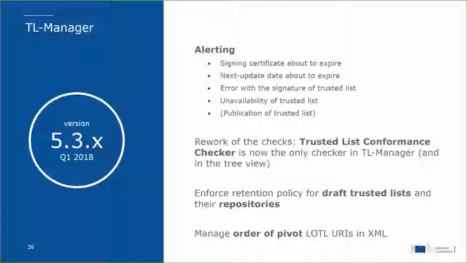Alerting features in the sense that now we are monitoring all trusted lists and checking for different criteria, like for instance the expiration of the certificates or dates, like the next update date, and we are sending emails on a defined schedule compared to these dates of expiration, next update expiration, etc. On a schedule basis, we send you emails warning you that in 60 days there will be an expiration of that certificate or that date, etc. So you are fully aware that you should plan, for instance, a new signing certificate.